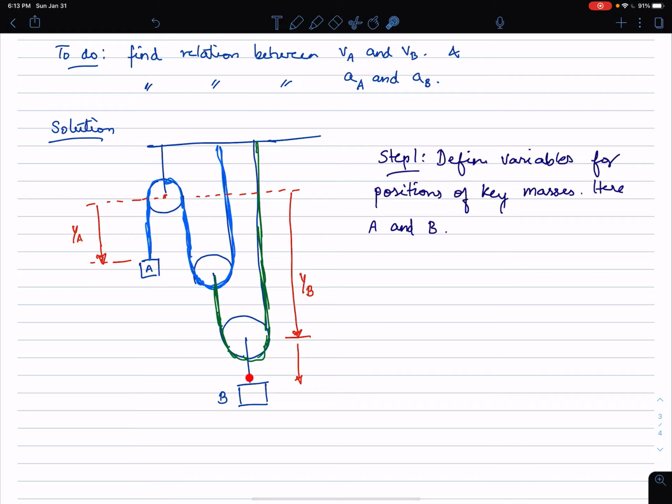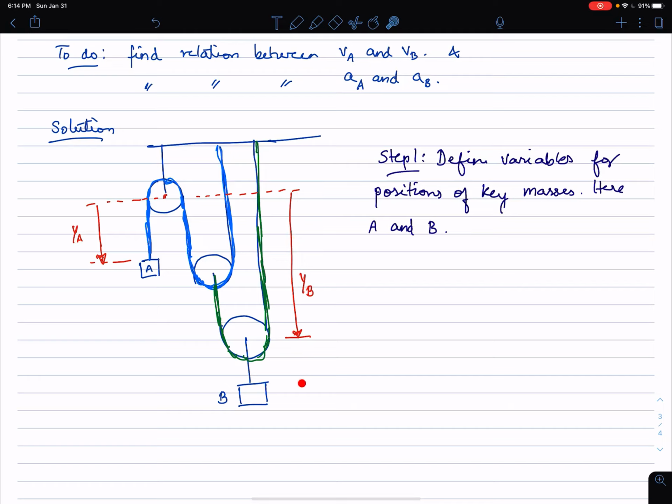So any constant piece of rope will drop out. For instance, if you're tracking the velocity of B, it will be the same as the velocity of the midpoint of this pulley because they're connected by this inextensible rope. That's why we define YB to go from here to here.